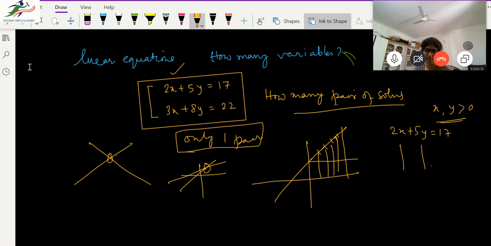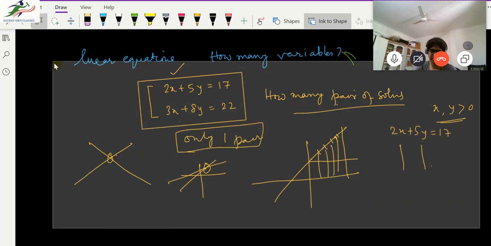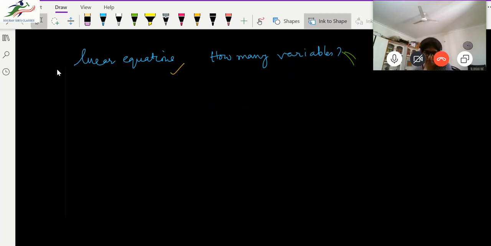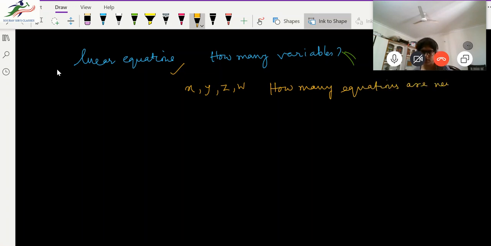Right? Now, if I have four variables, x, y, z, and w, how many equations do I need to have one unique pair of solution? How many variables are there?